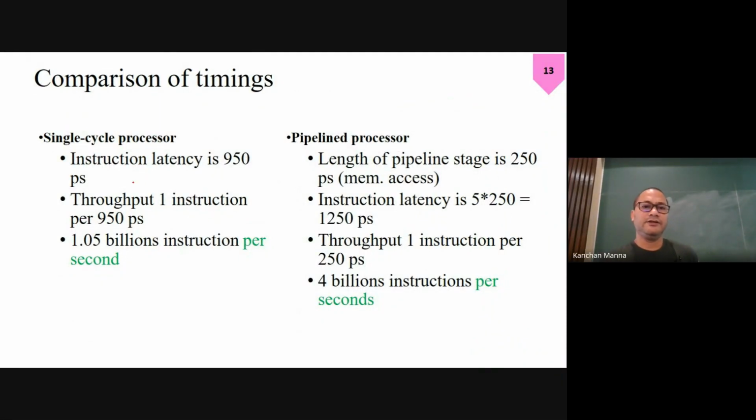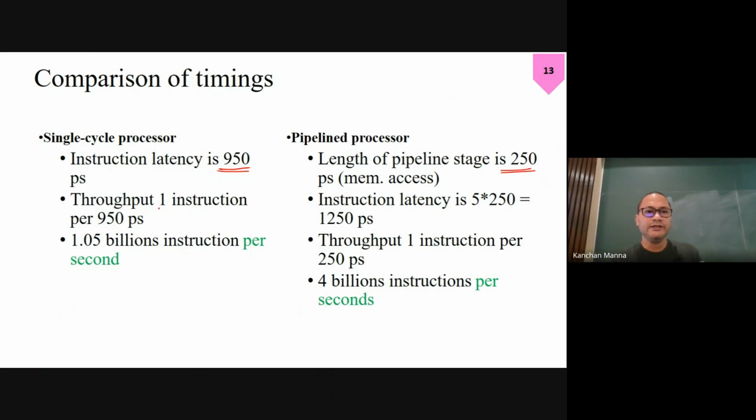Now if we look at the performance, the clock period here is 950 picoseconds, as we just saw, and here the clock period is 250 picoseconds. Now we define one term called throughput. Throughput is nothing but output per unit time, that means how many instructions are executed per unit time.